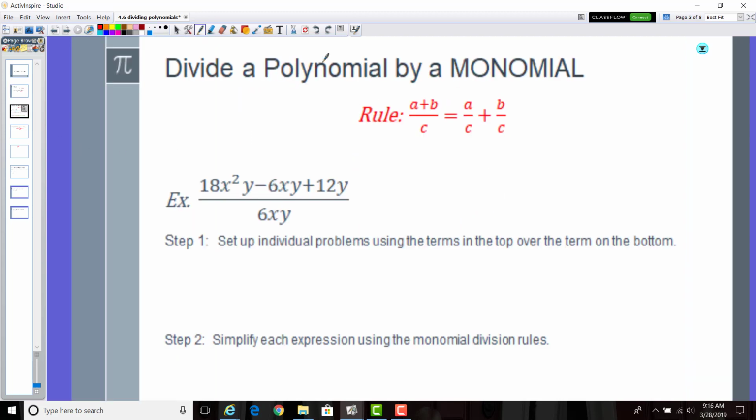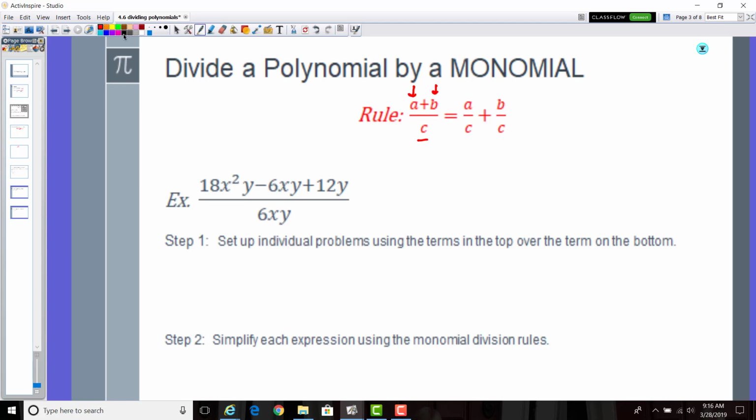So to divide a polynomial by a monomial, the rule says that anytime you have a numerator on top of a fraction that has more than one term, but you've got one common denominator, each one of our terms can be separated into its own fraction over the common denominator. So a plus b over c is equivalent to a over c plus b over c.